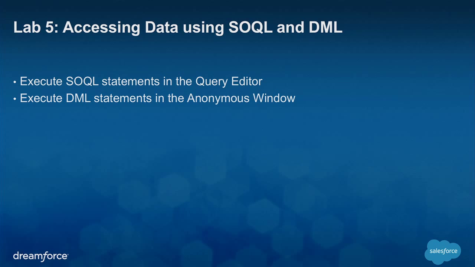The one thing I will say to do is to wrap your DML statements in try-catch blocks. That's not in the example here. That's just some advice for you. When you get out to actually writing your applications in the real world, you're going to want to try and catch those DML operations. Because as you write trigger logic and extend your Salesforce org, your developers are putting validation rules on their objects.